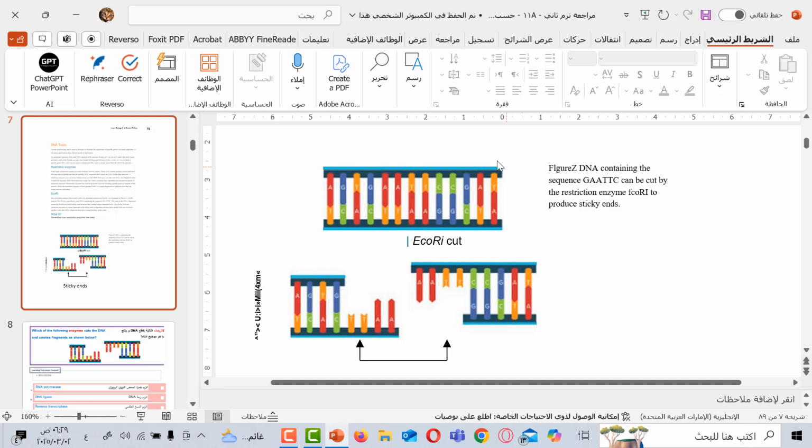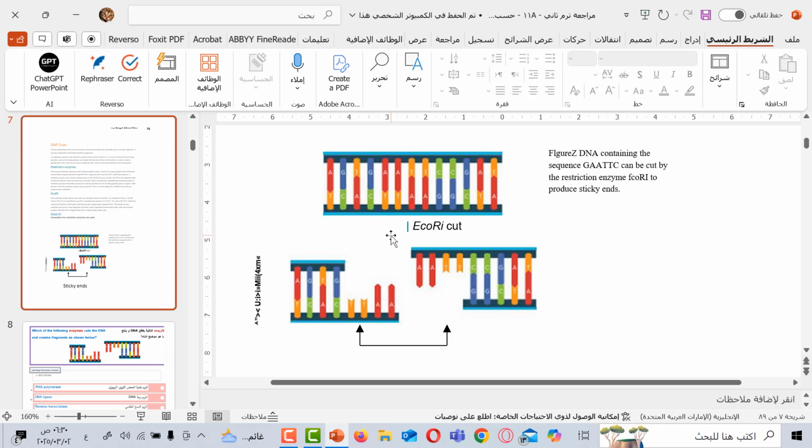But if we see a fragment like that, it's completed, meaning it's cut by blunt end, not by sticky end. Okay, right. The famous sticky end restriction enzyme is called EcoRI or EcoR1, sometimes written like that, sometimes written like that.